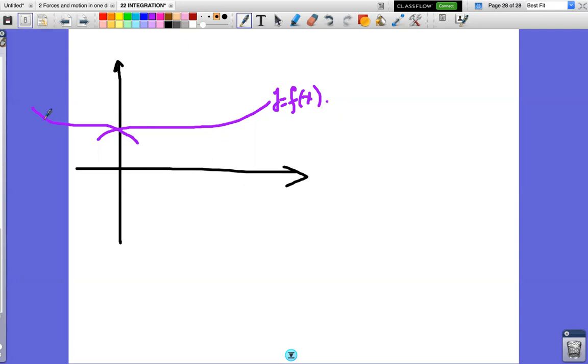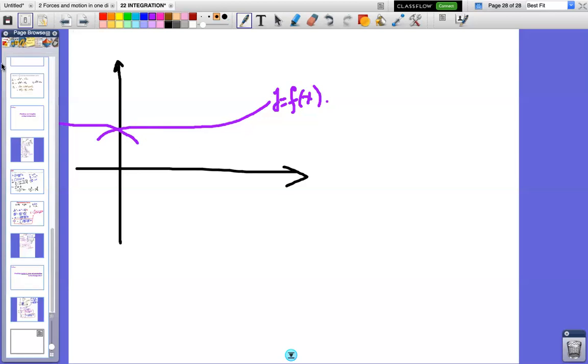This may be a very bad sketch for this function, but you revolved it about the y-axis.